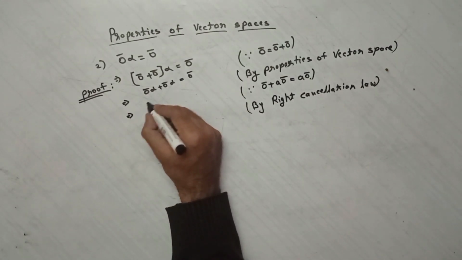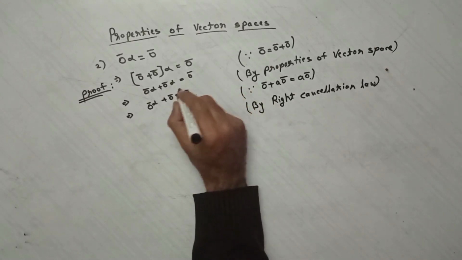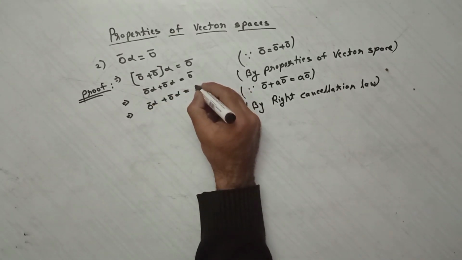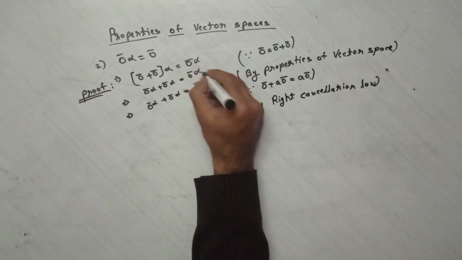Now this is 0 vector alpha plus 0 vector alpha equals 0 vector again.